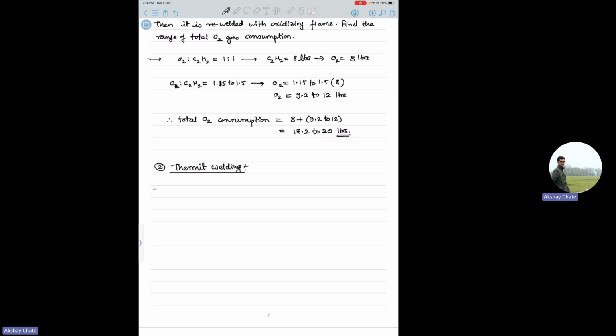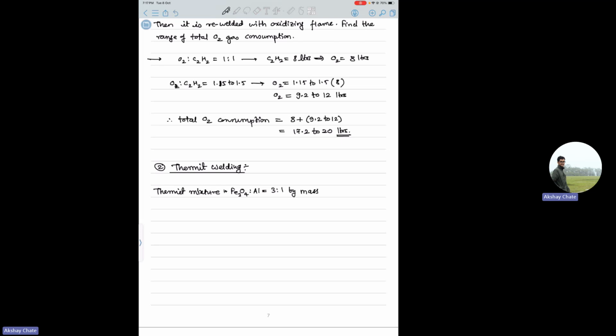Thermit mixture has iron oxide Fe3O4 plus aluminium in the ratio of 3:1 by mass.